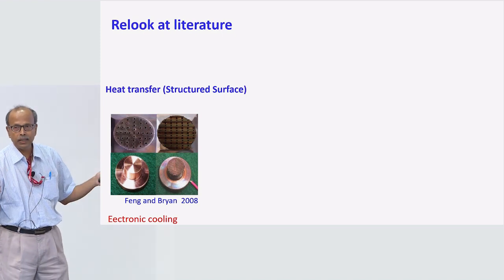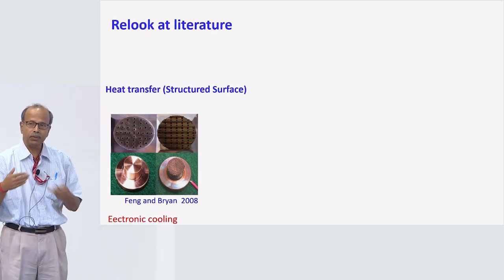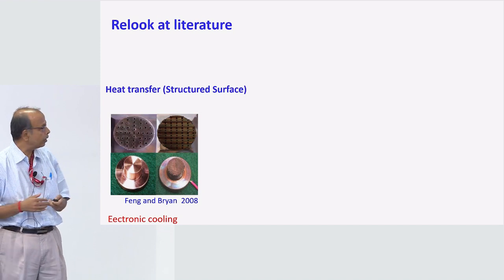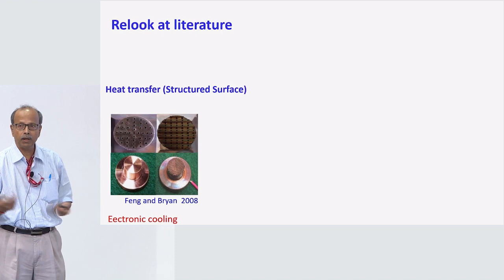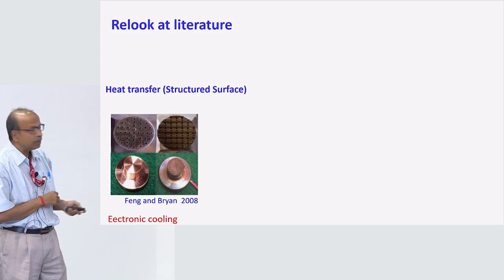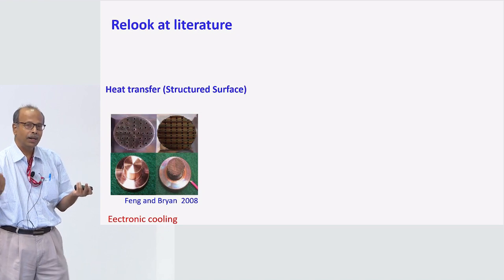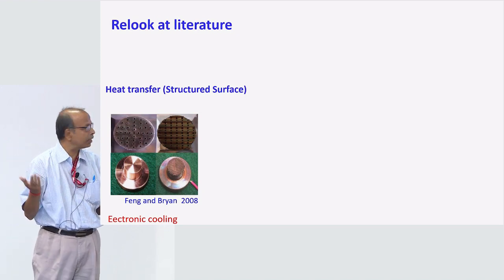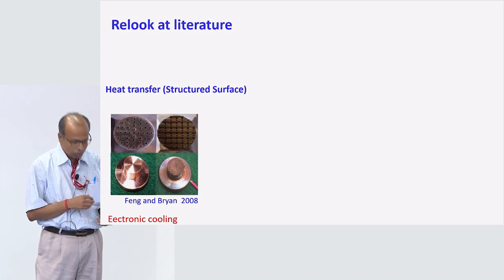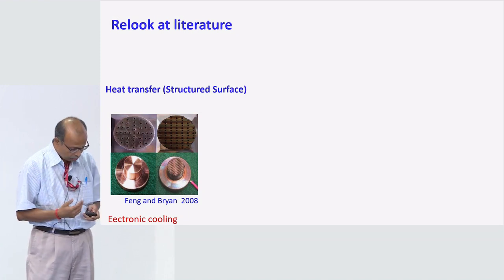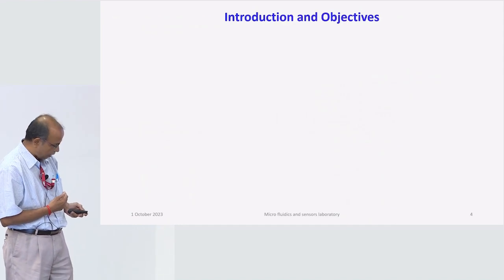While you read the paper, you find that they showed that sometimes the structured surface is good for heat transfer, and at some heat flux it is not good. And these authors could say sometimes why it is good, and sometimes they had no explanation why it is not good. They left it to a future study. And that's what I am saying: many times we had some questions here.